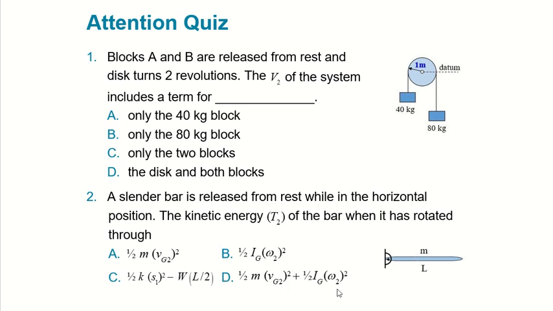So therefore it's D straight up. You don't even have to remember any of the formulas. Just by looking at it, you understand. Oh, I'm dealing with the rotation, so omega. Oh, wait a minute, I have regular velocity and angular velocity, so I am dealing with the translation and rotation kinetic energy for this system. So choose D right there.